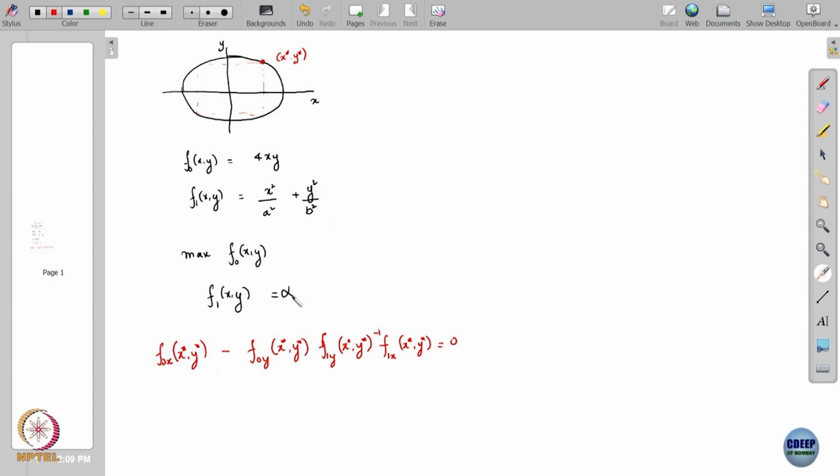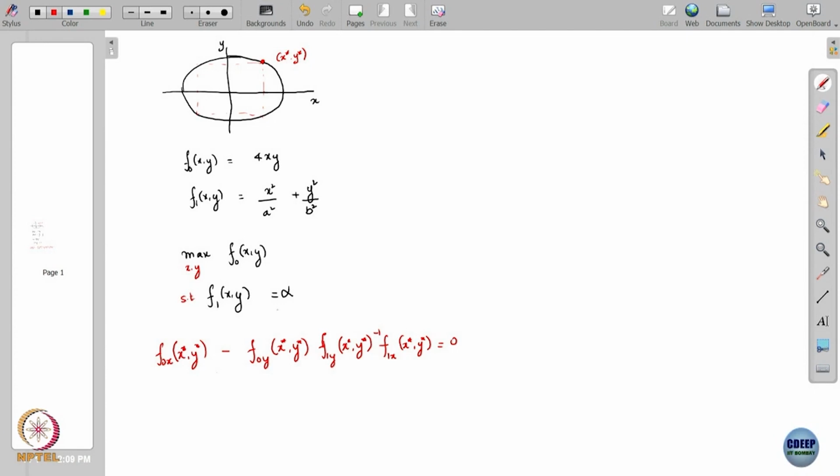All right. So, over all such points that satisfy this equation, we wanted to find the x comma y that maximizes the area. So, our objective was to maximize f0 of x comma y subject to the requirement that f1 of x comma y equals alpha.